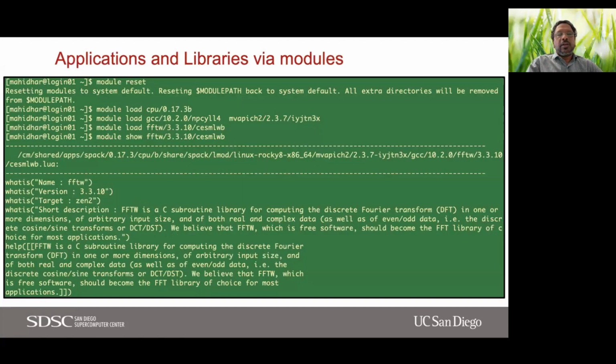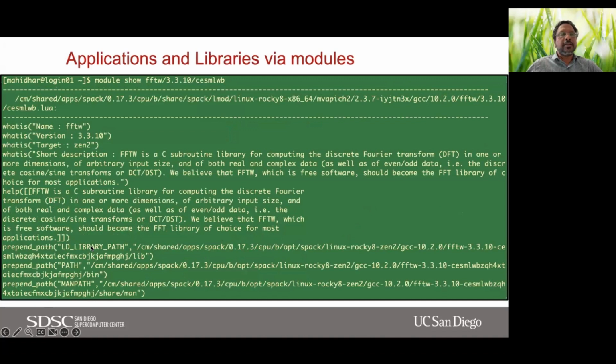So now, once you know, okay, I need to load these particular modules before I can load the particular library that I need, you can go ahead and do that and actually see what gets set when you load these modules. So for example, here, I picked one of the FFTW libraries and loaded all the dependent modules and the FFTW library. And if you do a module show, it actually tells you what it's doing when you load that module. So first thing you know is it's got a description of what is there.